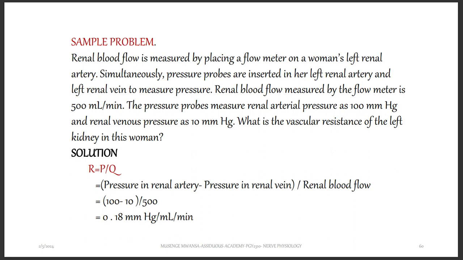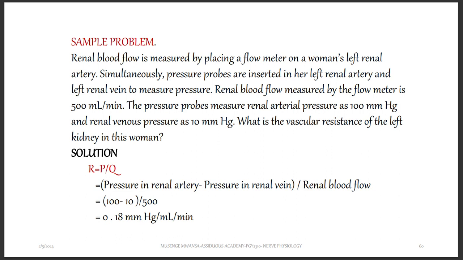If we divide that by the renal blood flow, that will give us resistance. So the pressure in the renal artery, we've been told, is 100, in the vein is 10, divided by the renal plasma flow, how much fluid is going to the kidney, which is 500.